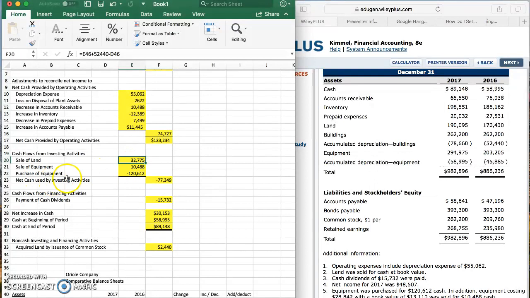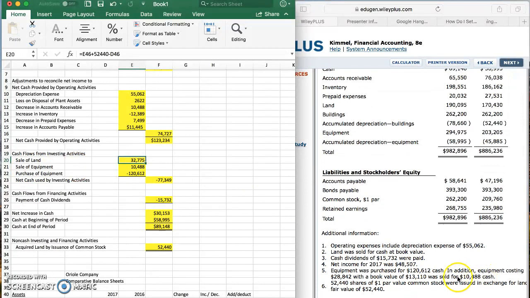When we purchase equipment or land or plant assets or whatever, we subtract or deduct. So we did purchase equipment. We sold some equipment, that we talked about earlier. We sold it for $10,488 cash. So that's that value there.